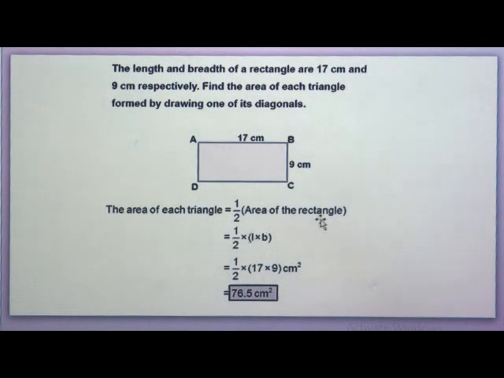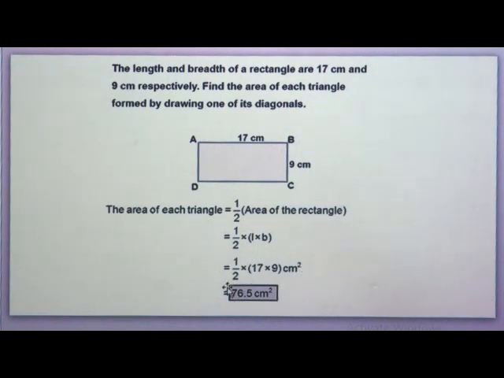Now, you know the area of a rectangle is equal to L into B. So, half we will write as it is, multiplied by the length given to us, 17 centimeter, and breadth is given to us as 9 centimeter. When you multiply centimeter into centimeter it is nothing but centimeter square.